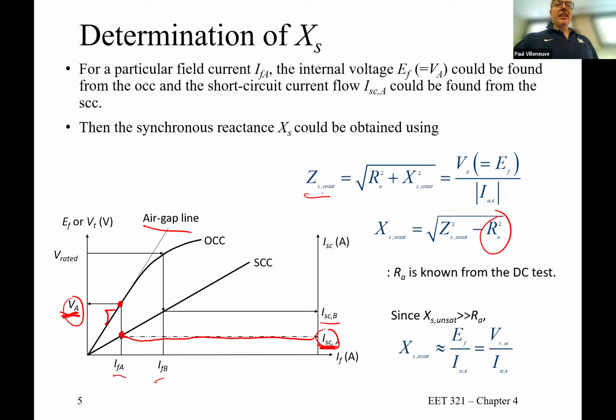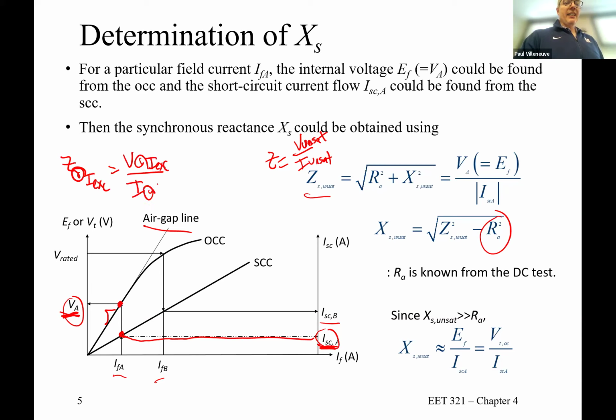To actually calculate the Z, I go V divided by I, and those are both unsaturated values. So that's my unsaturated value. And what I said, if you remember originally, I said Z at an excitation current is equal to V at IEXC divided by I at IEXC. So I just need to make sure that I'm grabbing those at the exact same excitation current, field current.